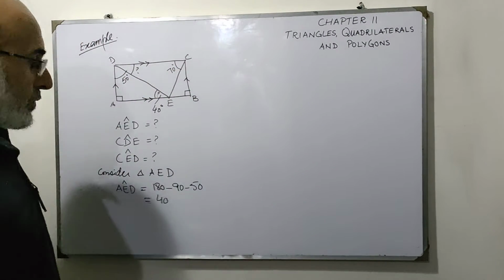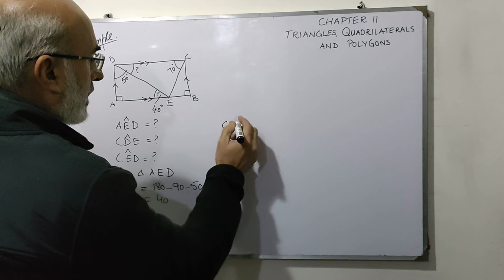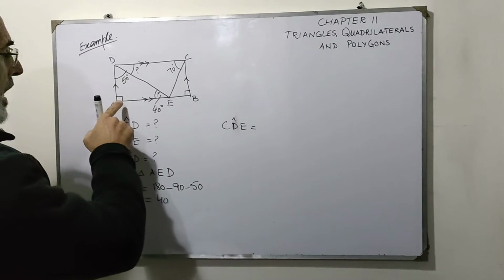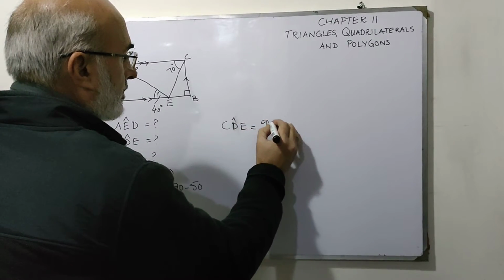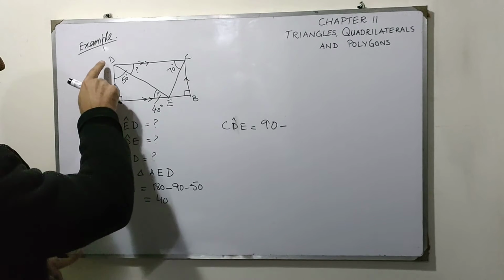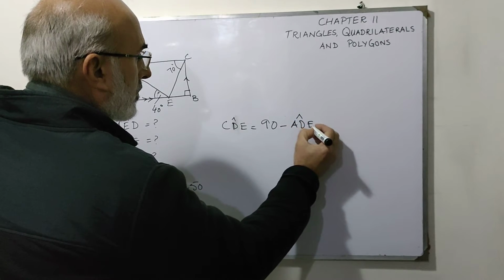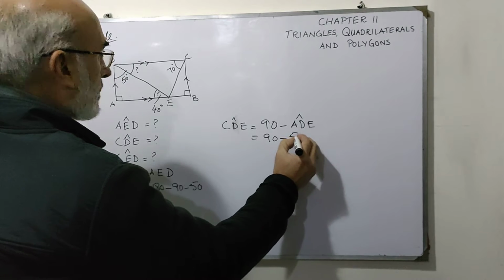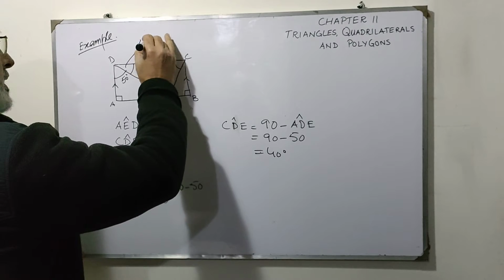CDE is equal to the total angle of 90 degrees minus ADE, which is 90 minus 50, equal to 40 degrees. This is 40.